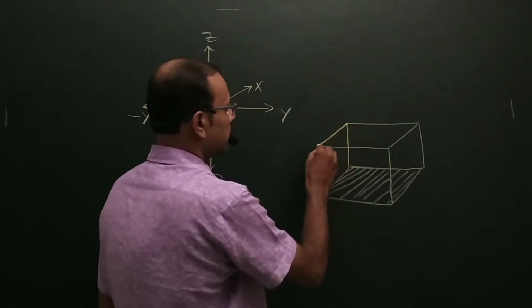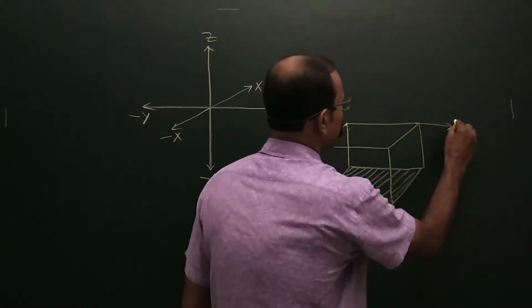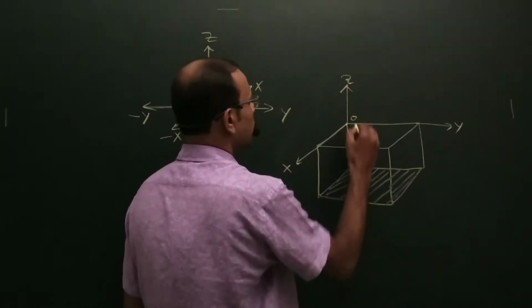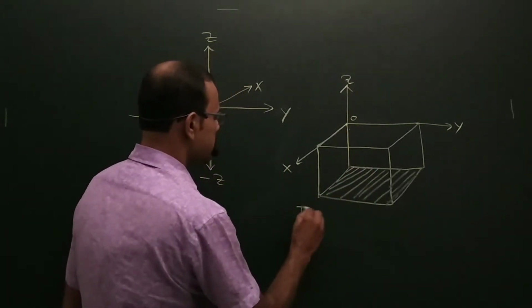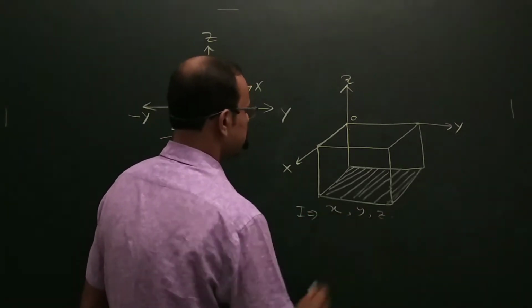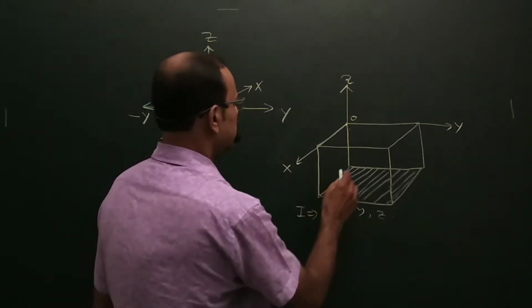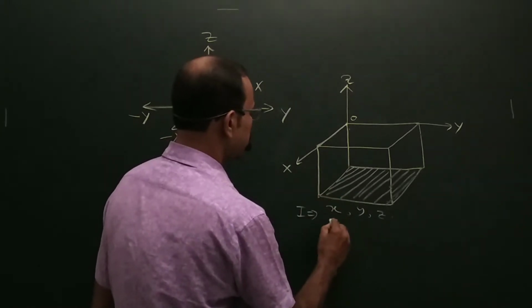So it is the x-axis, it is the y-axis, and this one is the z-axis. This is the origin. Therefore, the integers or raised indices along x, y, and z direction respectively are: along the x-axis you can see that the plane is parallel to the x-axis, therefore it is infinity.